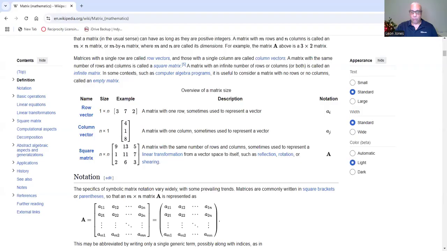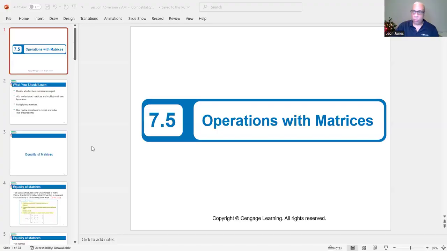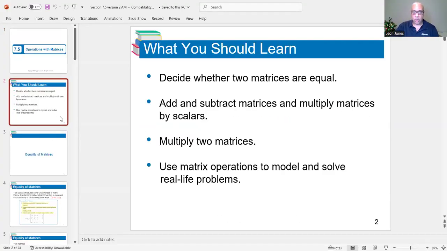Now, what I'm going to show you is operations with matrices. What should you learn? Well, I've already given you a definition of what a matrix is. So what you're going to learn from this presentation is to decide whether you have 2 matrices that are equal.